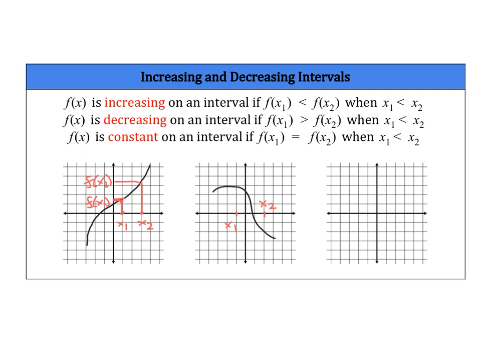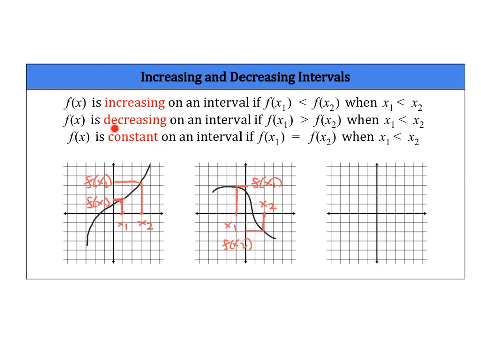So if I find their corresponding y values, this would be f of x sub 1, and this would be f of x sub 2. I can see that f of x sub 1 is greater than f of x sub 2, which means that my graph is decreasing. And of course, again, if you read your graph from left to right, I can see that our graph is going down. So that's how we can tell just by looking at the graph.